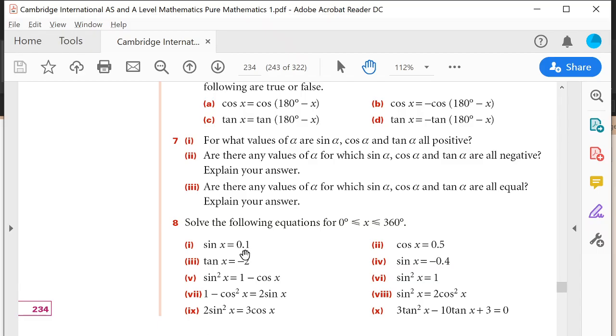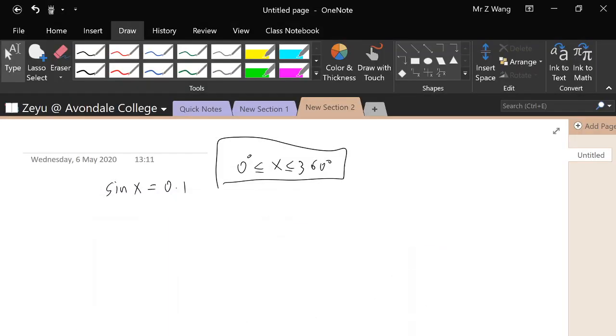Also, you have to realize I can alternatively write 0 to 2 pi. This will depend on what degree system you use in your solution. If they use pi, your solution must also be in radians.